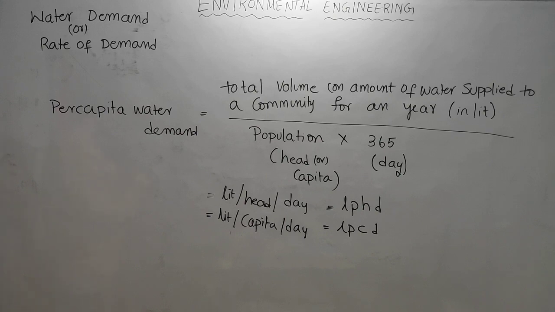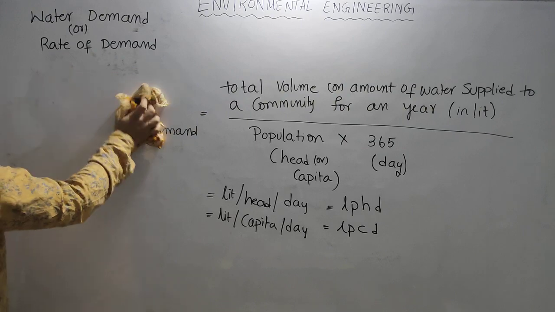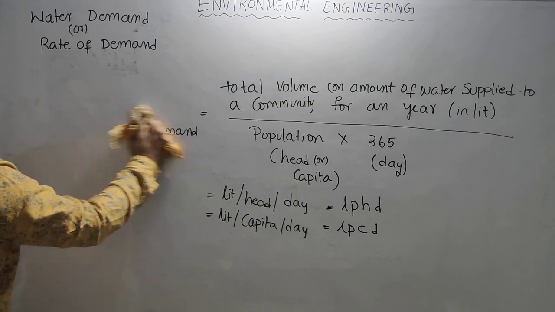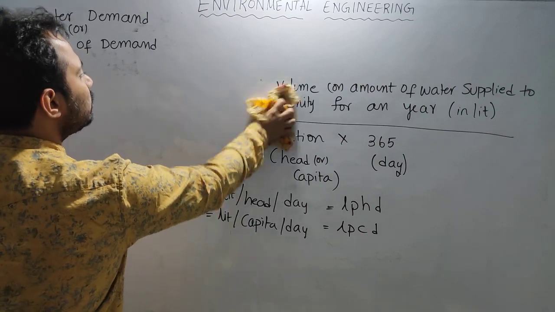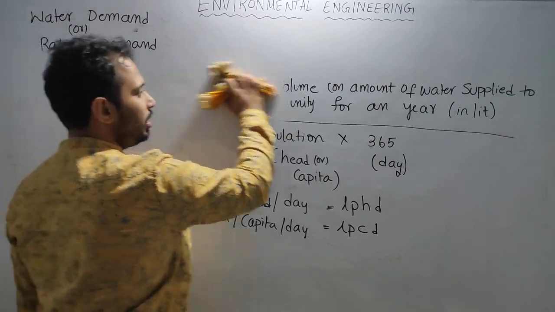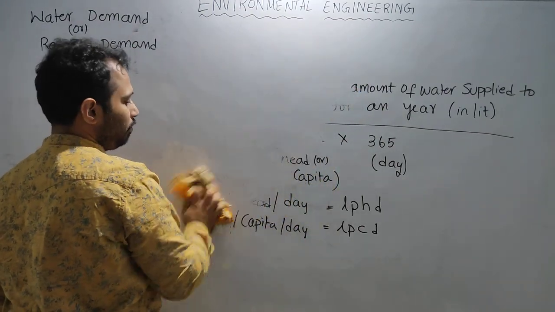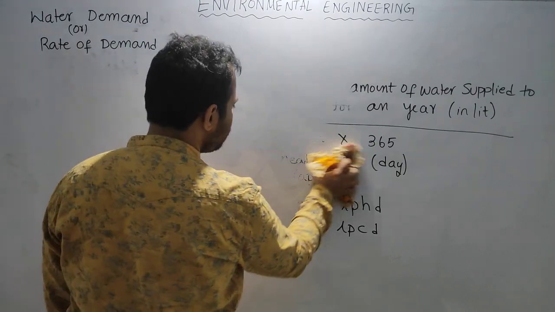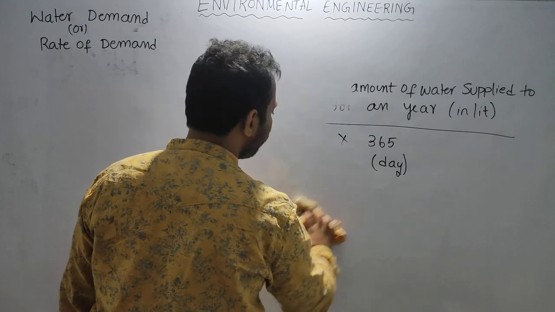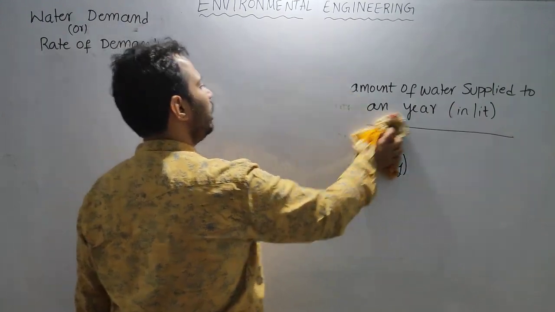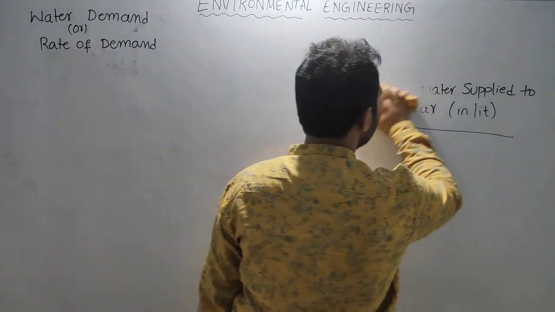This will be the total demand, including domestic, industrial, public use, all the demands. If you want to find them separately, we have analyzed how much is needed for domestic use, public use, and institutional and industrial use. All those things we have calculated and framed as values in a code which we refer to during the design of any kind of structure.